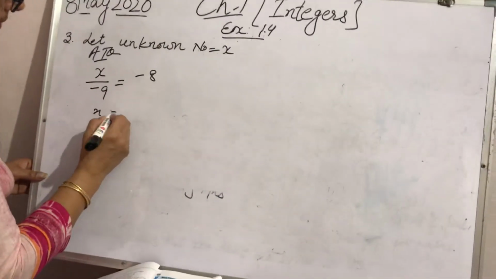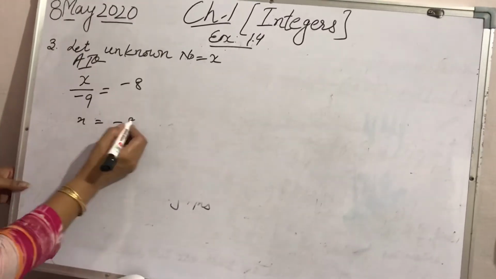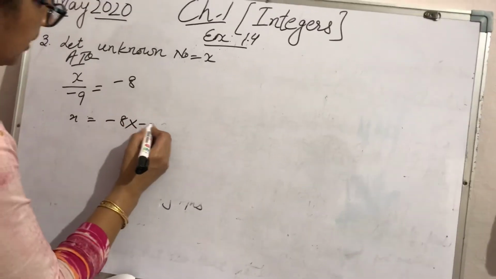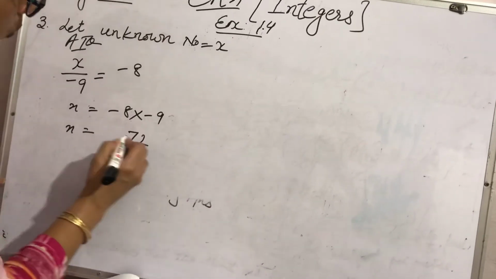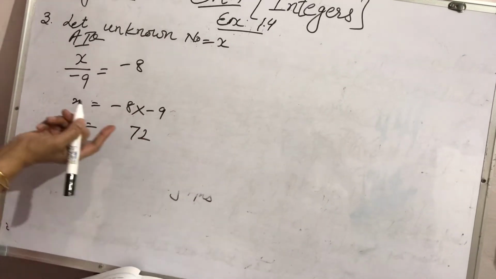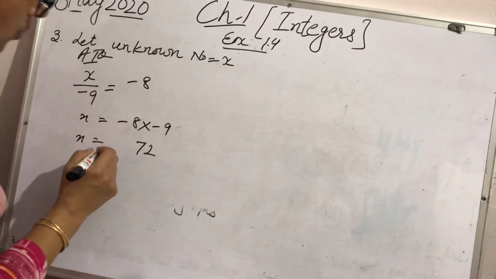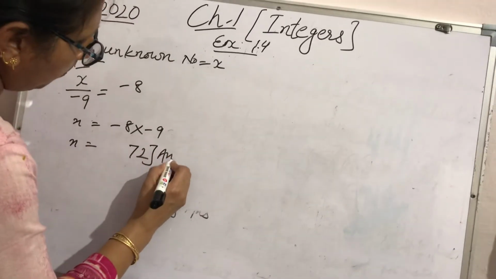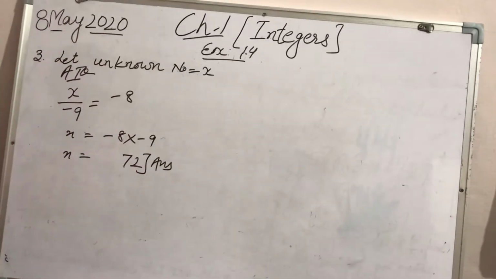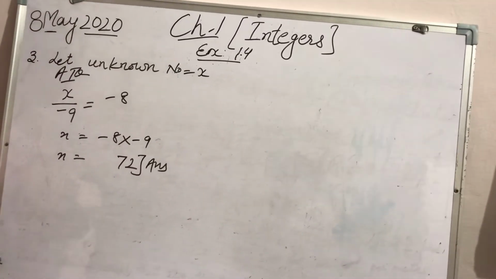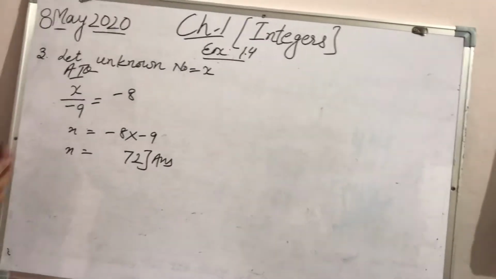So x is equal to -8, then division converts into multiplication, -9. x is equal to 8 9s are 72. Again there are two negative signs, so the answer will be positive. So the answer is positive 72. Then next question, question 4.